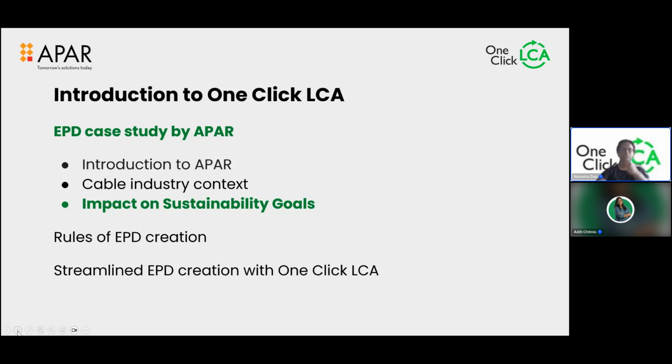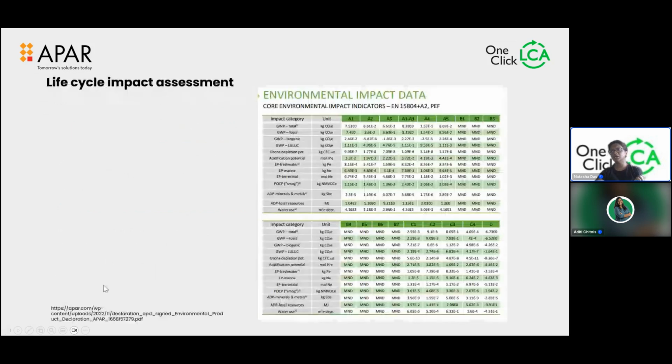So producing an EPD automatically impacts your sustainability goals because you are able to see for yourself that, for example, my supplier is giving me a raw material that is very carbon intensive. Maybe I have to switch suppliers, or maybe my A3 emissions are very high, so maybe I can switch to solar.